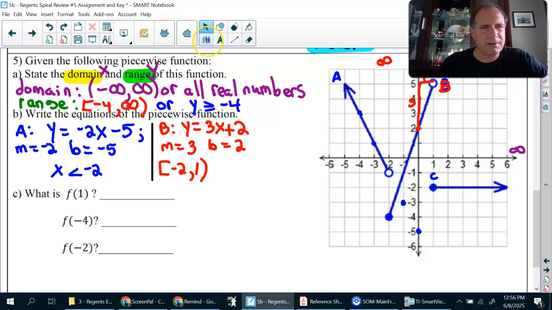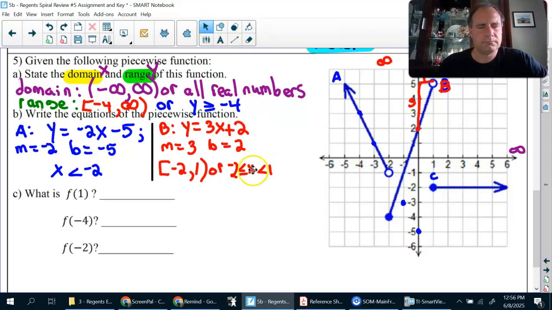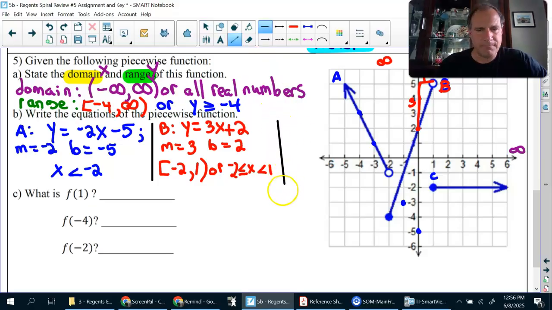Its x is greater than or equal to -2 and less than 1. All right, so you could write it either way, like that.